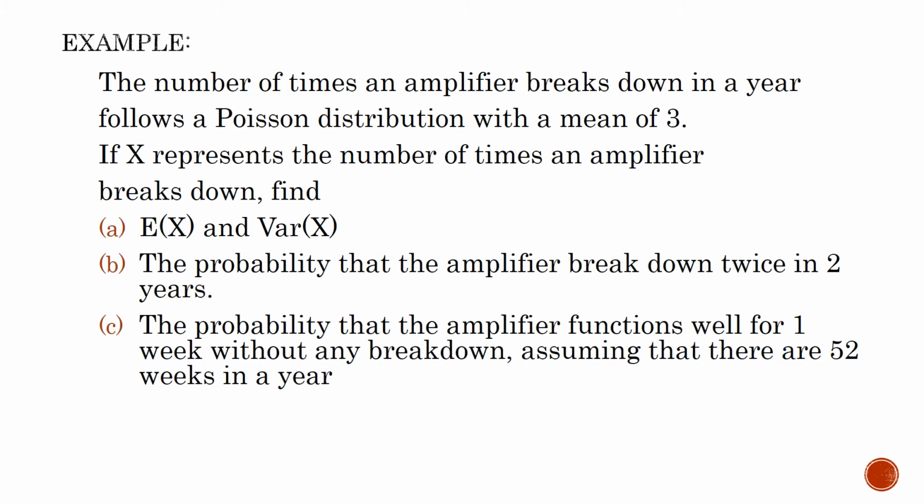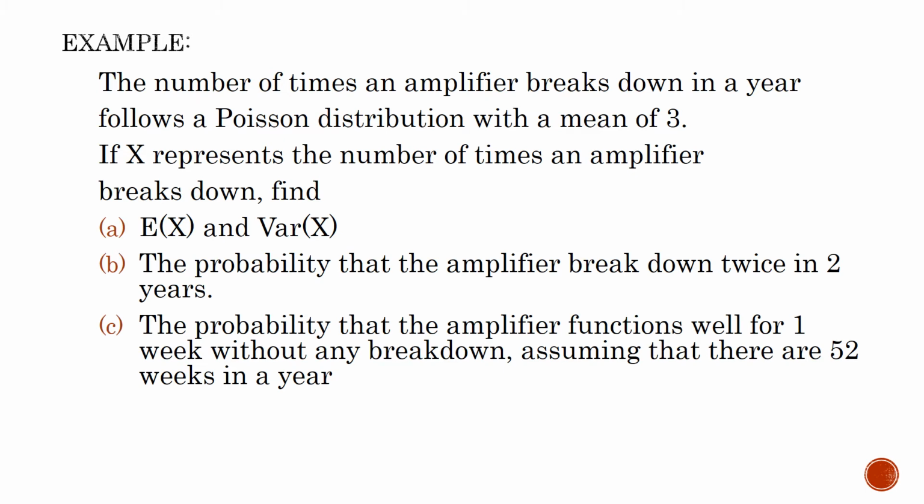If X represents the number of times an amplifier breaks down, find the mean of X and variance of X. Find the probability that the amplifier breaks down twice in 2 years. Find the probability that the amplifier functions well for 1 week without any breakdown, assuming that there are 52 weeks in a year. Now, part A is very straightforward, just finding the mean and variance.